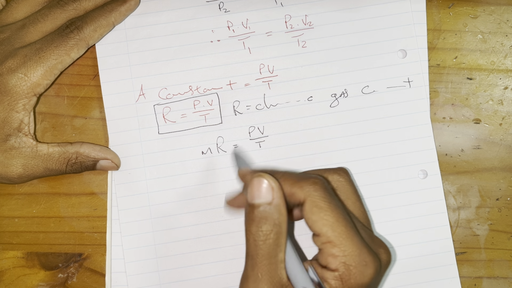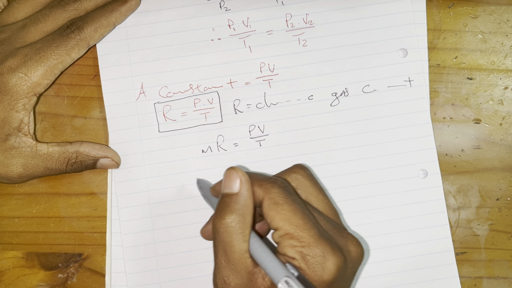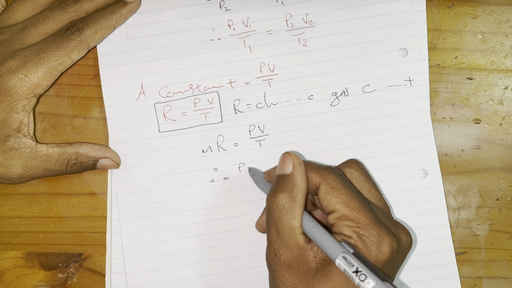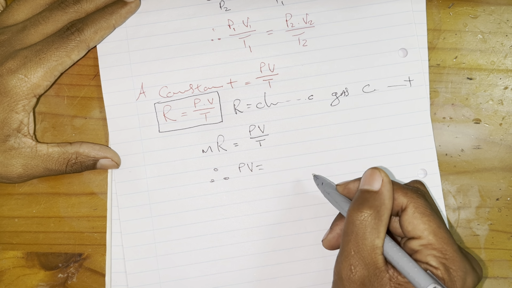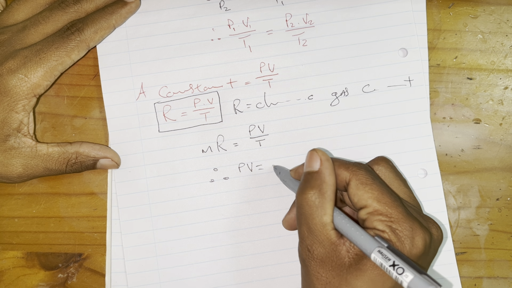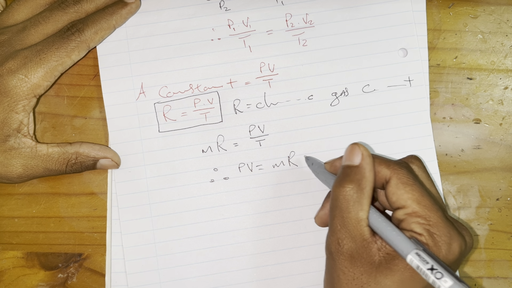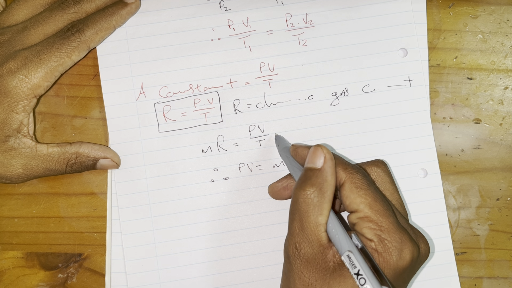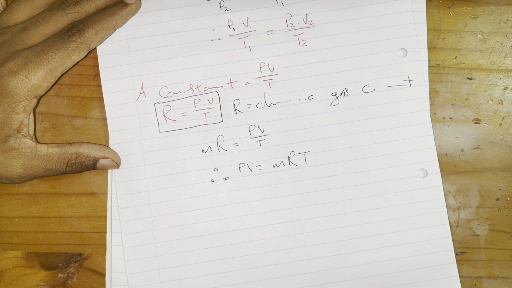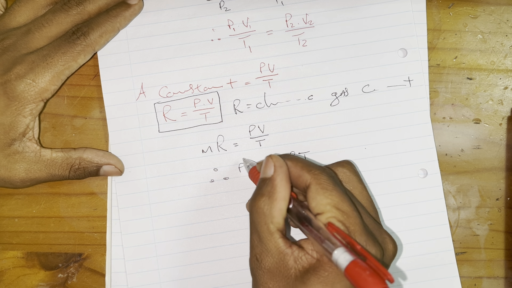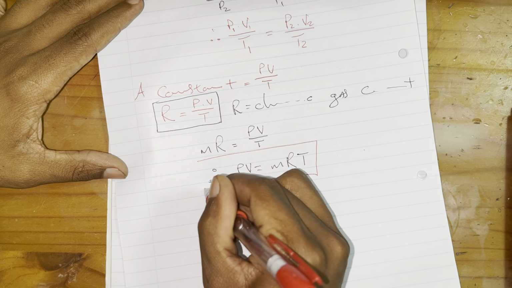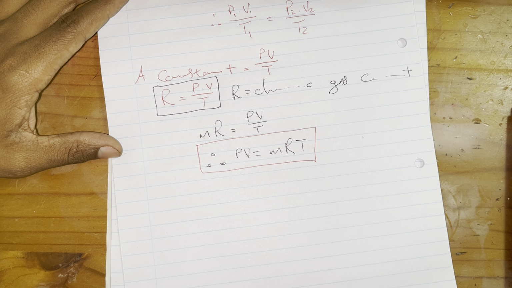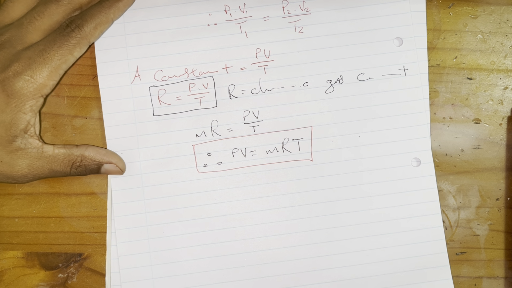I'm going to manipulate this formula, and after manipulating this formula, we are going to get PV is equal to mRT. Simply meaning we just multiply this side by T, multiply that side by T, and now we get this. Okay, right? This is the characteristic equation for a perfect gas.